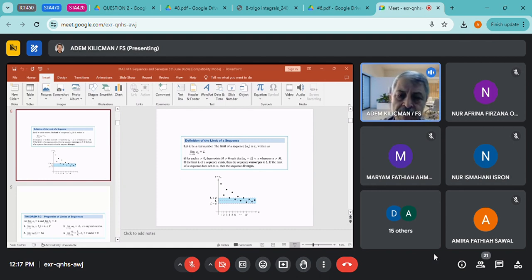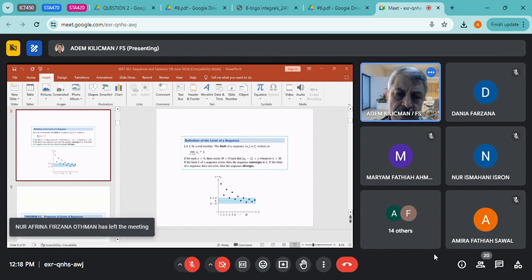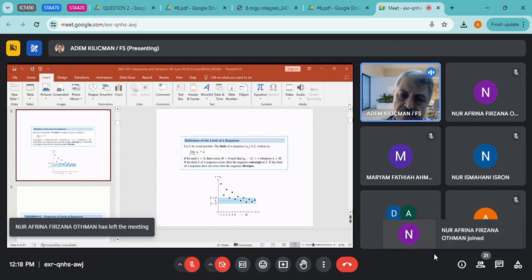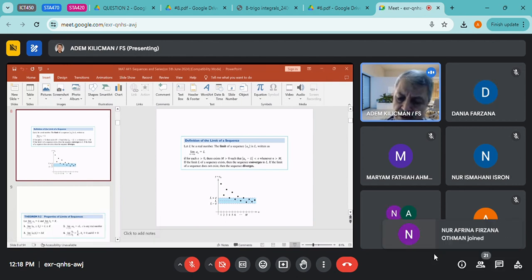You can see the terms of the sequence are around negative 1 for all the odd n, and for the even n, 2, 4, 6, basically 2n, you will have 1. So therefore this one is not convergent.